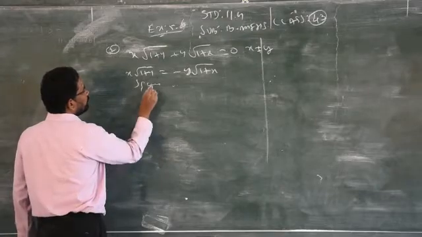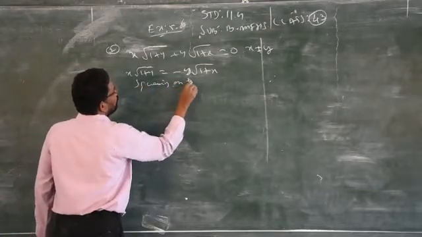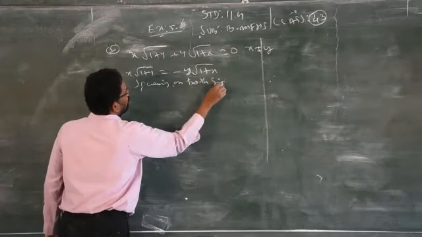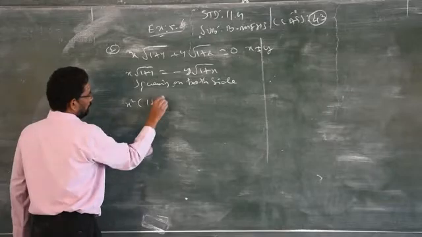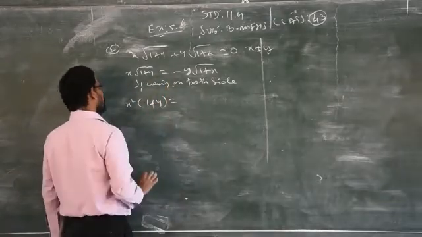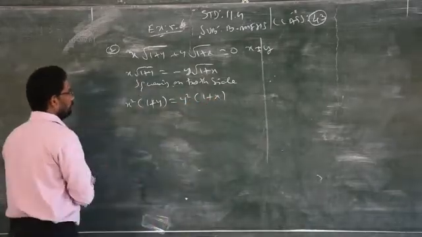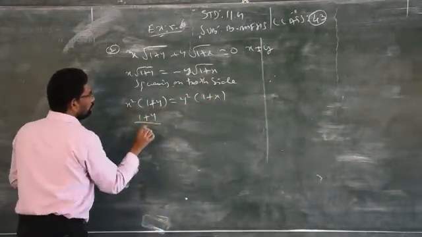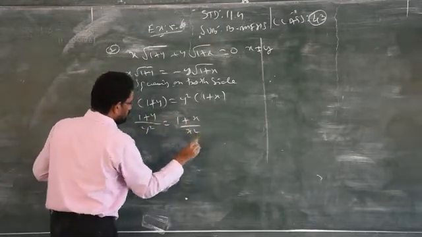The square root will be eliminated while squaring. When you square, the negative becomes positive: y square into 1 plus x. Clear? I am just bringing that y square down to the left side and x square to the right hand side.